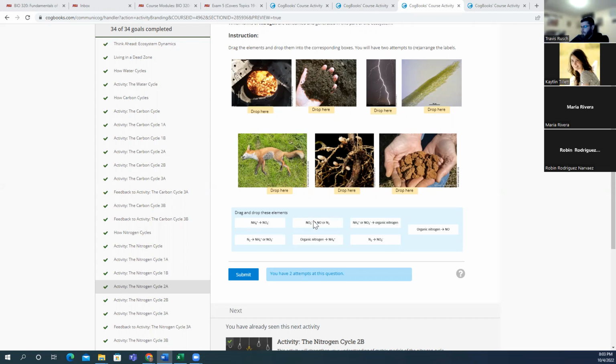So I see two possible answers off the bat, where we have organic nitrogen converted into nitric oxide, or organic nitrogen converted into ammonium. What does fire usually do to nitrogen? It produces what? Somebody said the release of nitric oxide. Yeah, a gas, exactly where I was going with that. So if we have organic nitrogen broken down to nitric oxide, I think it would be a safe bet to put that one there.